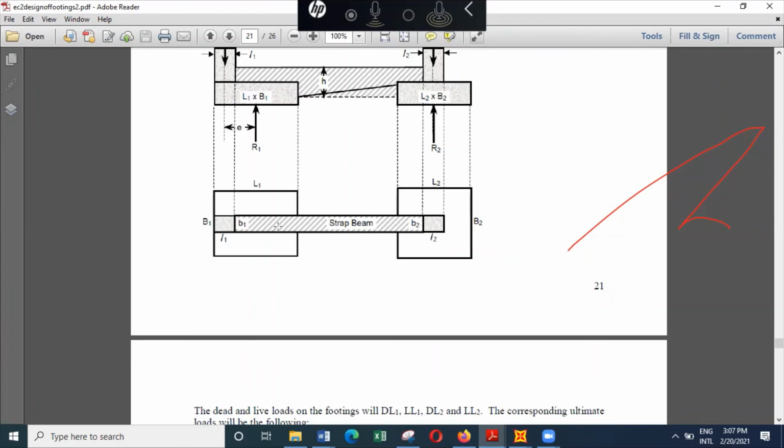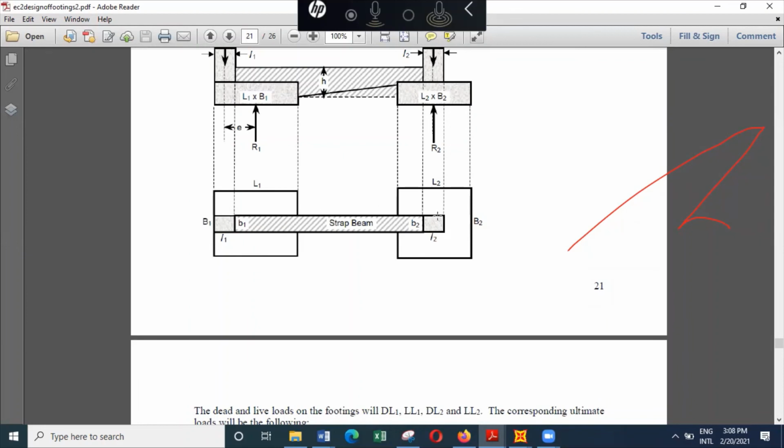Then if you look at the bending moment diagram, the footing is going to bend this way at the top. So you have to provide top reinforcement to resist that. And then you have to provide nominal reinforcement this way, because when you have top reinforcement here, you need some nominal reinforcement this way. So you have to provide minimum reinforcement in this direction.